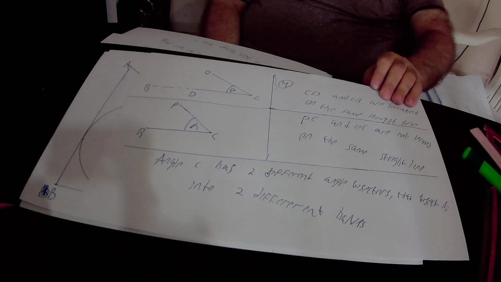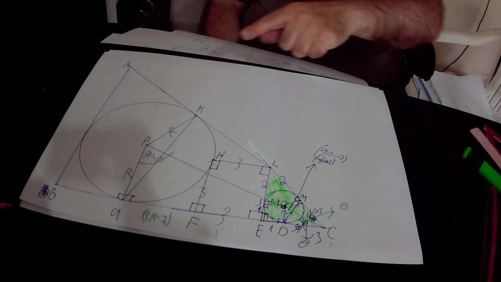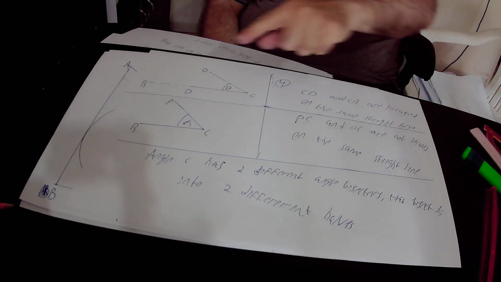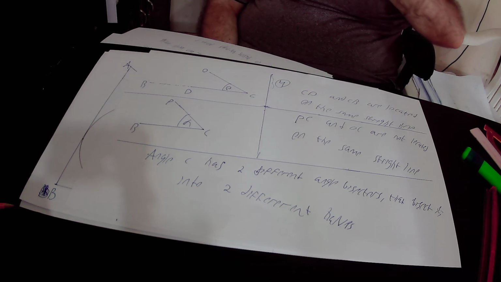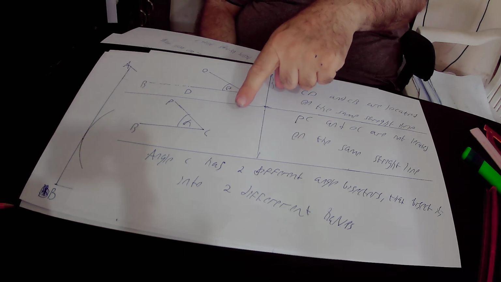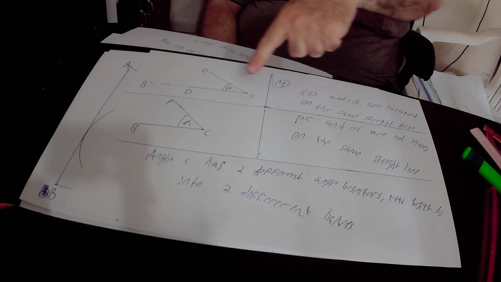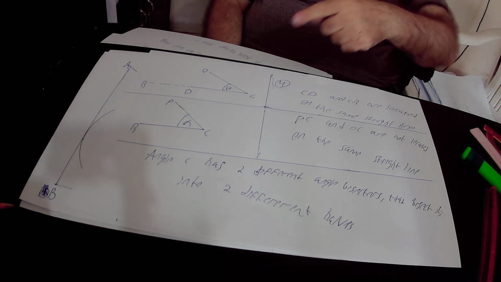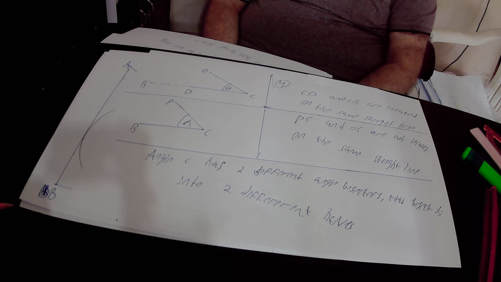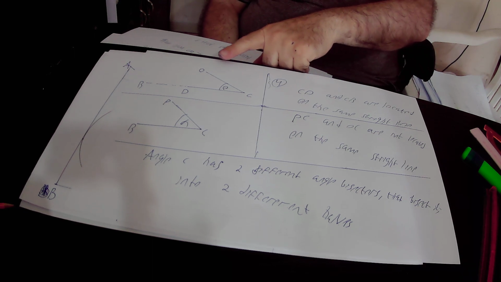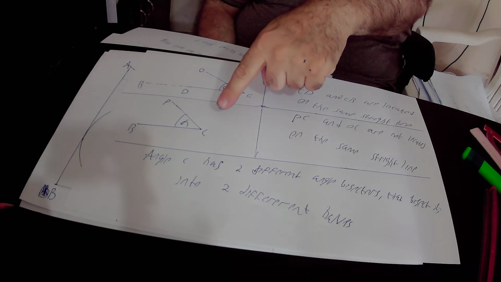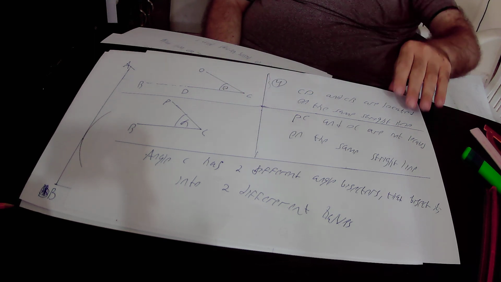Then I copied the second angle, that is angle PCB. This is angle PCB, and as I already mentioned before, BC and CD lie on the same straight line. What about the second leg of the two angles? The second leg in this angle is OC, the second leg of this angle is PC.